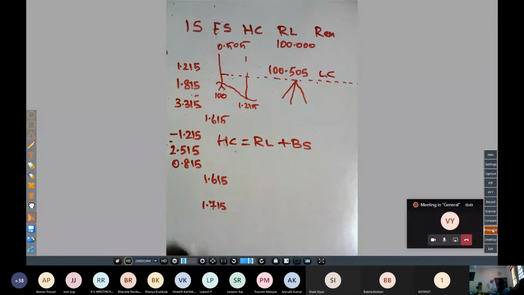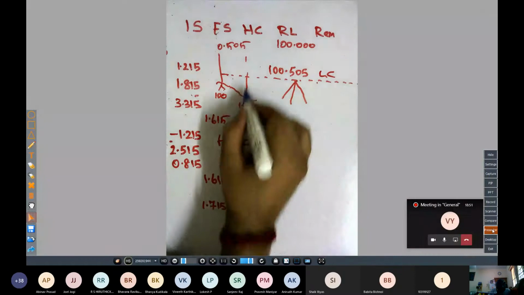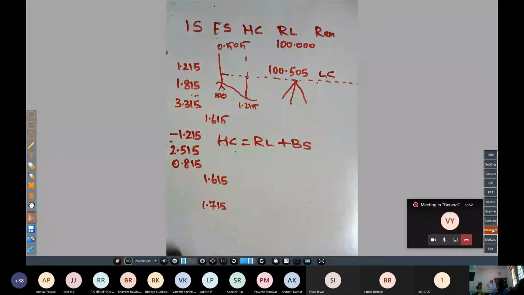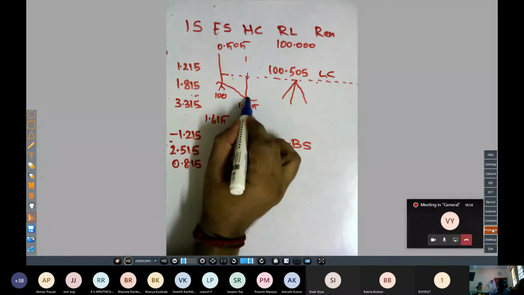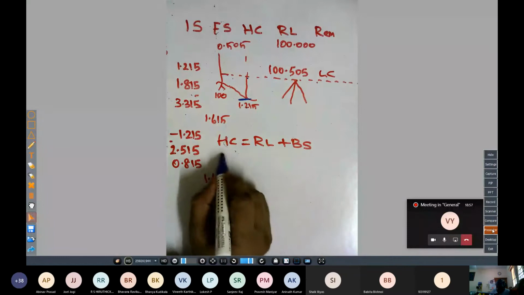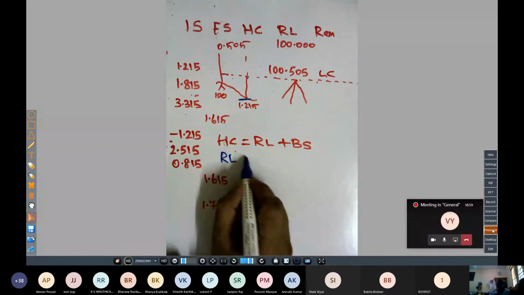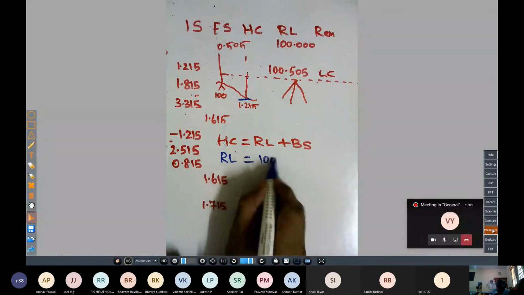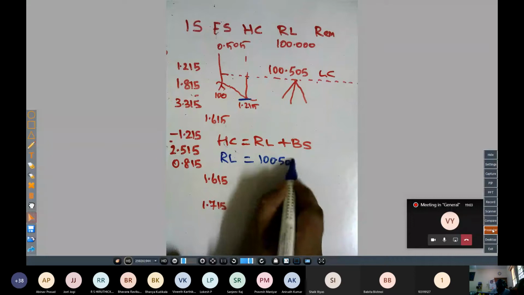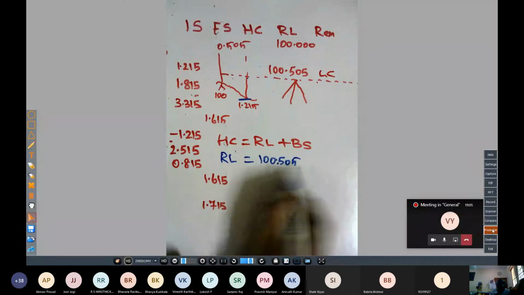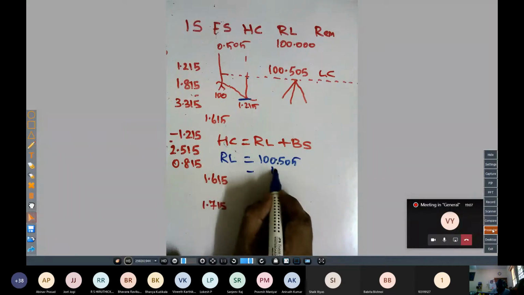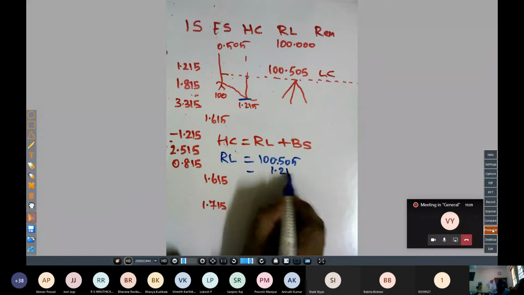Right. Now, this is at a reading of 1.215. What is this level? So RL is equal to 100.505 minus 1.215.